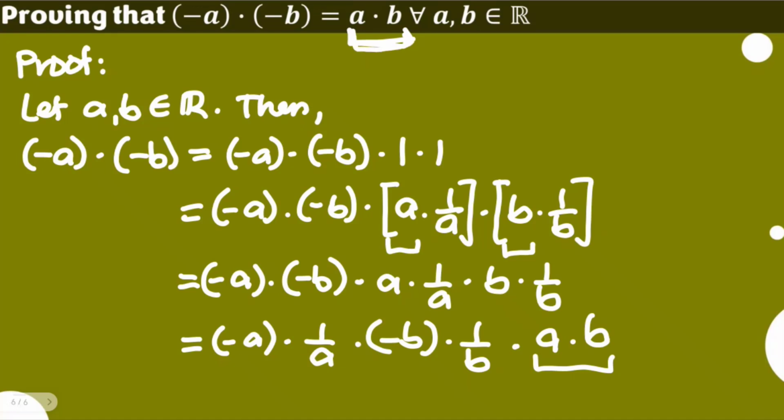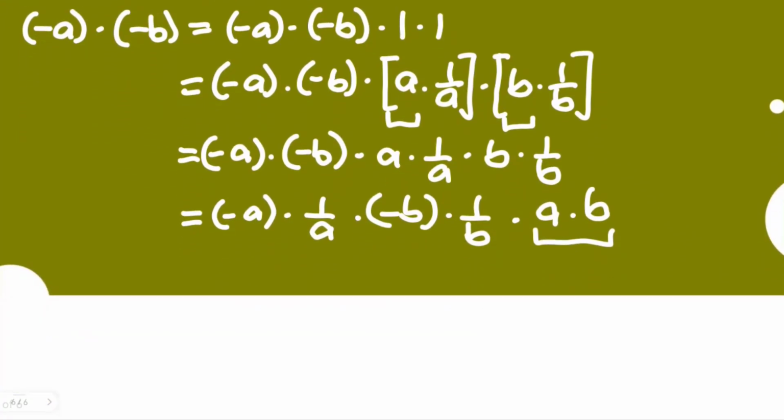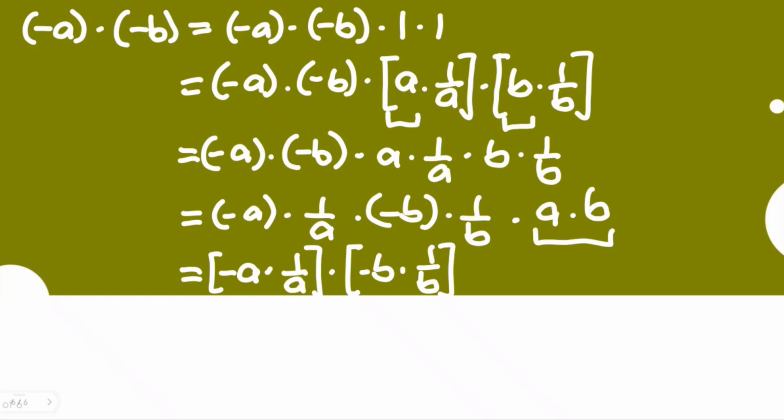With that, after applying the commutative property of multiplication, which allows us to interchange the factors, we can now apply the associative property, or groupings. Let me have the grouping here of negative a times 1 over a, times negative b times 1 over b, times a times b.